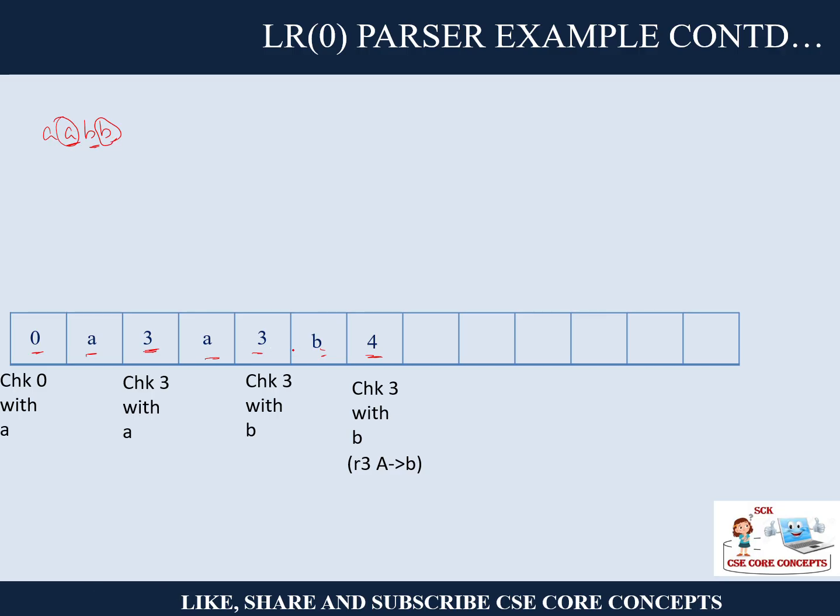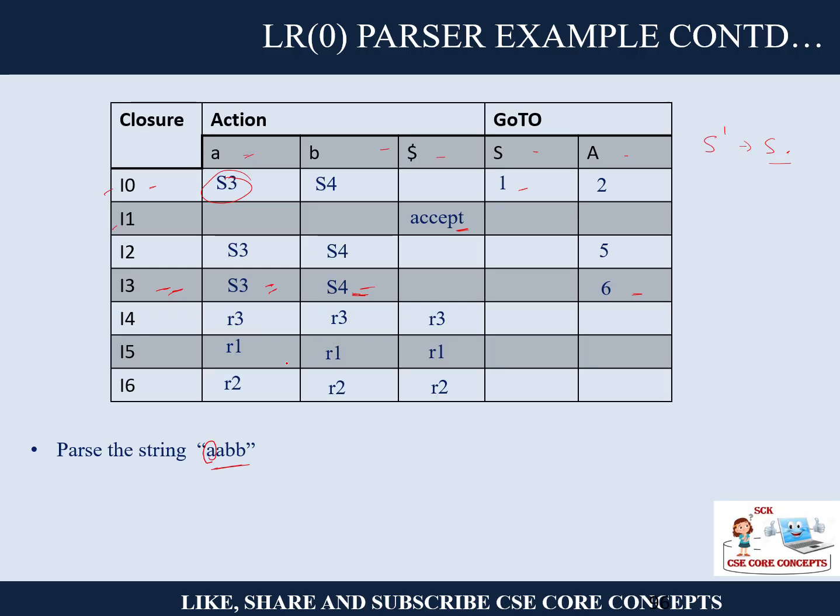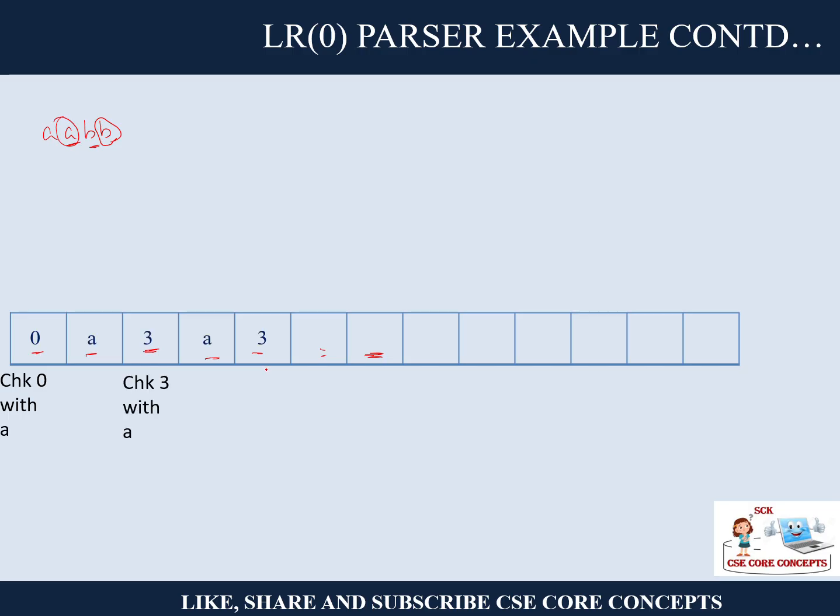So now who is the top of the stack? 4. So let us check 4 and B, right? Closure I4 with small b is a rule R3 which you have to implement.